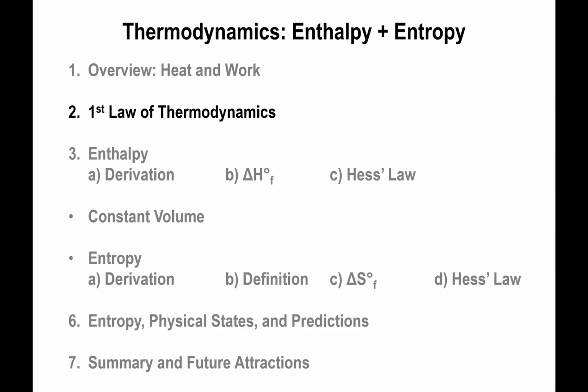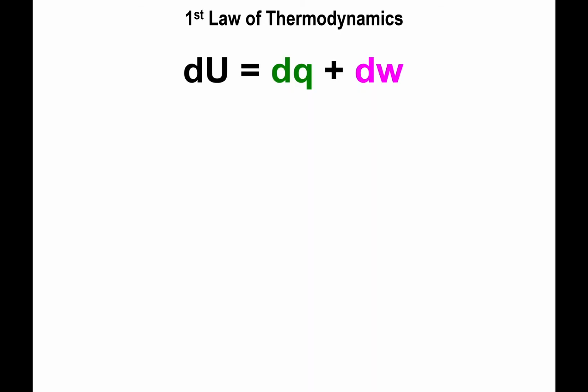Alright, so specifically, everything eventually boils down to the first law of thermodynamics. And the first law of thermodynamics in equation format tells you that the change in internal energy is equal to the change in heat plus the change in work. And the first law of thermodynamics basically tells you that the energy is conserved.